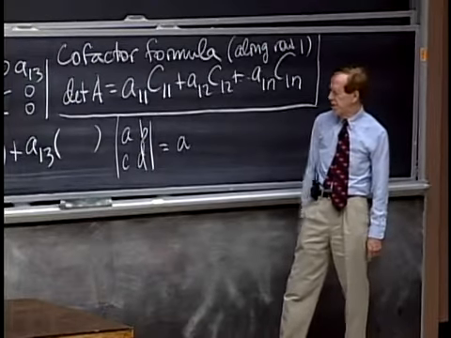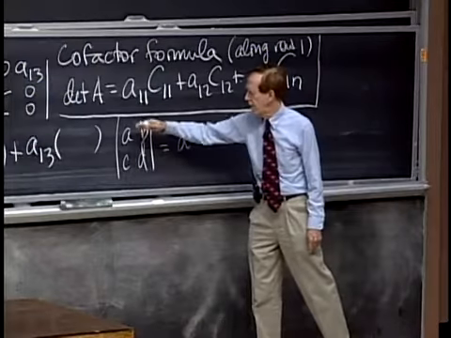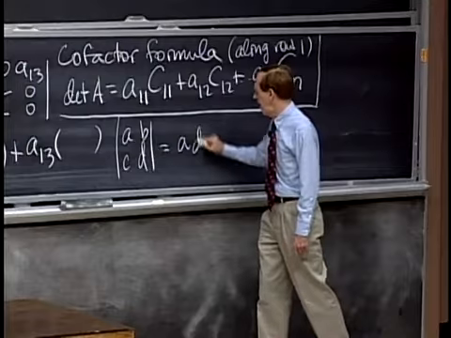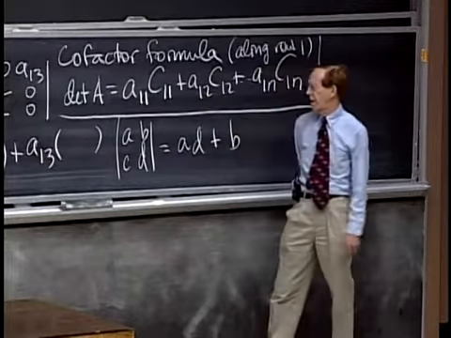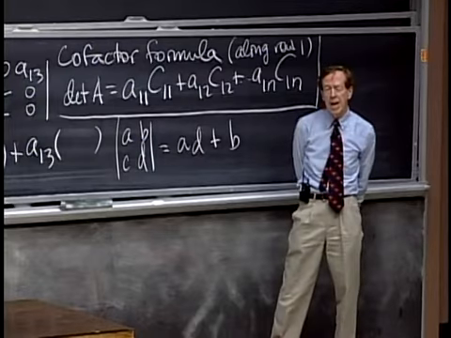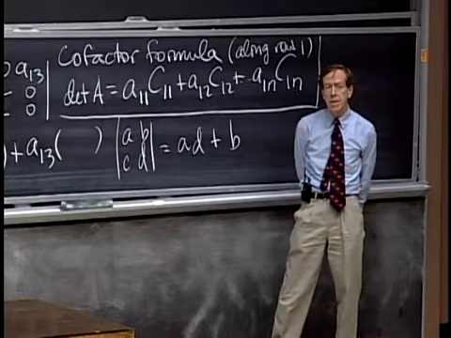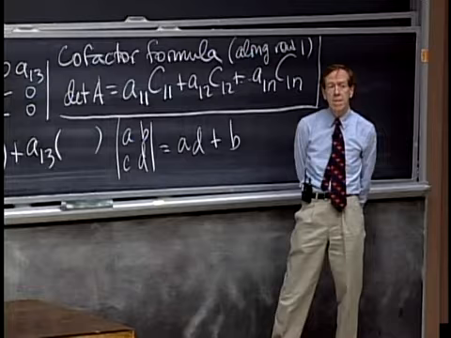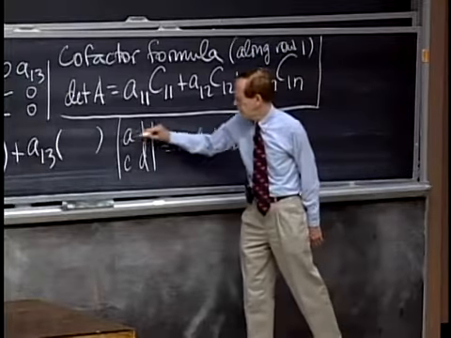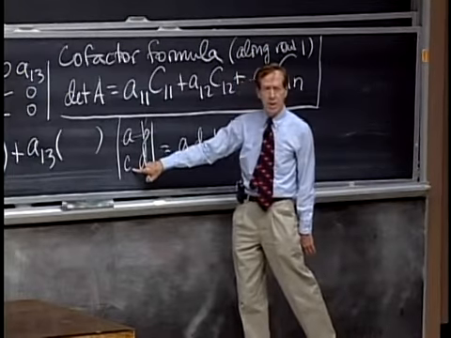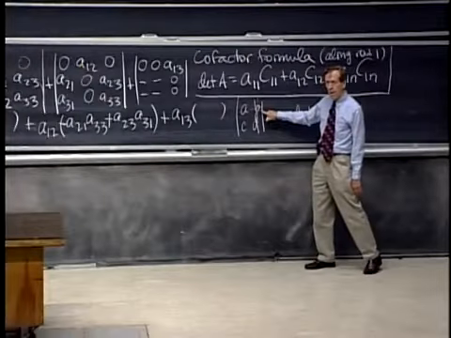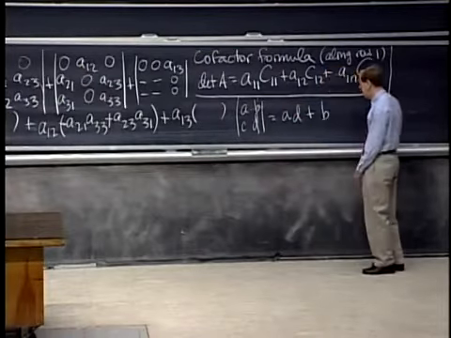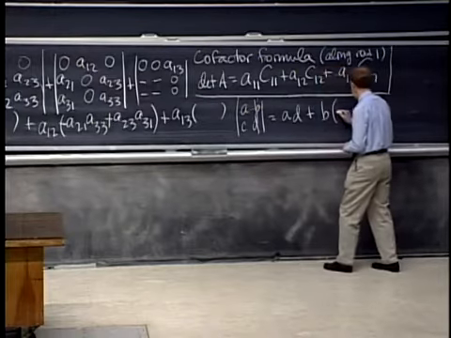D, because you strike out the 1,1 row and column, and you're left with D. Then I take B times its cofactor. Is it C or minus C? I strike out this guy, take that determinant, and then follow the i plus j rule, I get an odd, a minus, so it's B times minus C.